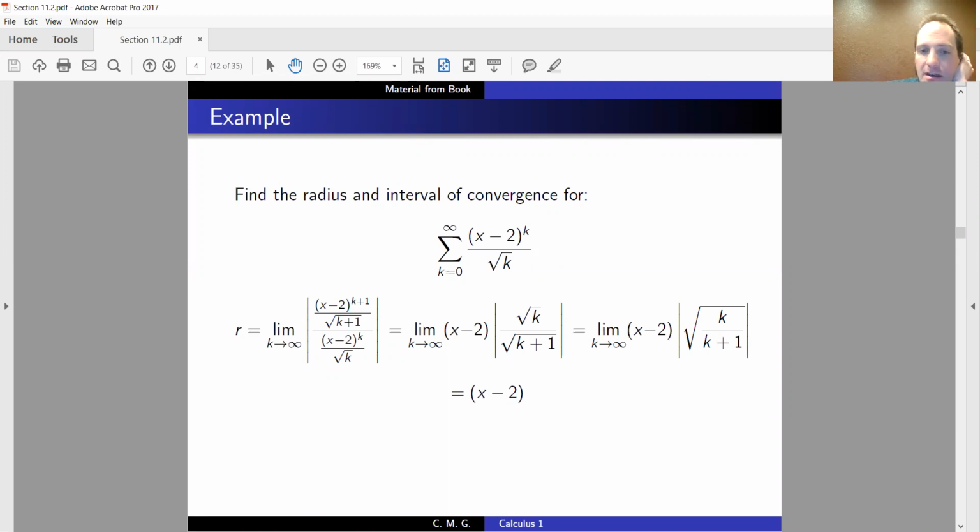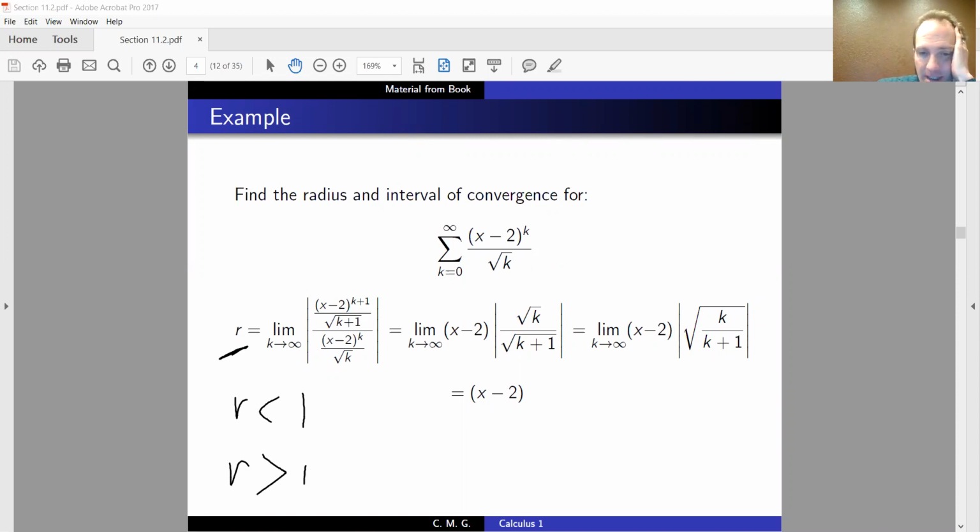So the question here is, what does that mean? I did the ratio test. The ratio test says this is convergent when r is less than 1 and divergent when r is greater than 1.